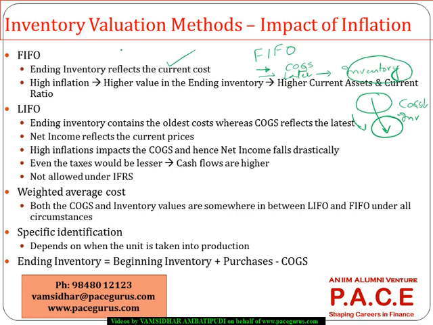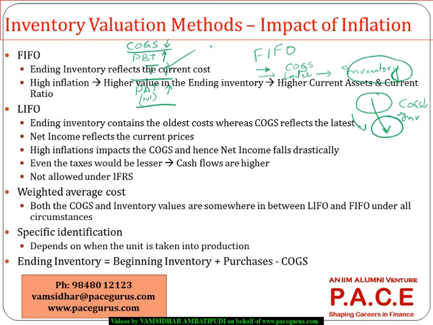So with the FIFO based valuation method, the cost of goods sold will be lesser. Cost of goods sold being lesser could mean the profit before tax is higher. You need to be comfortable with this kind of understanding. The moment the cost of goods sold goes lesser, the profit before tax goes higher, meaning tax also can go higher, and finally the profit after tax, which is the net income, also may go higher.